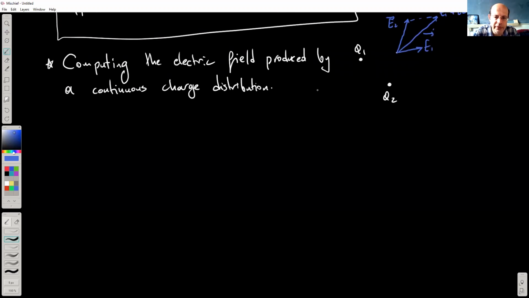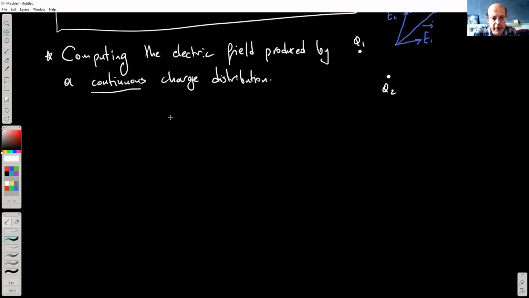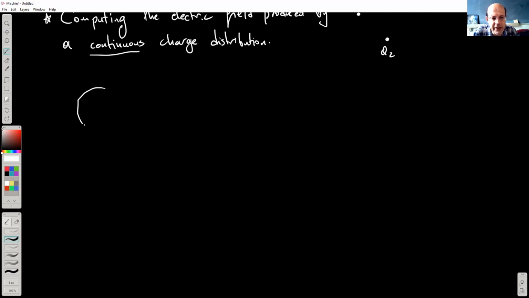So if we just have different particles, it's easy to compute the electric field. What if there is a continuous charge distribution? For example, a sphere, or any irregular shape like that.